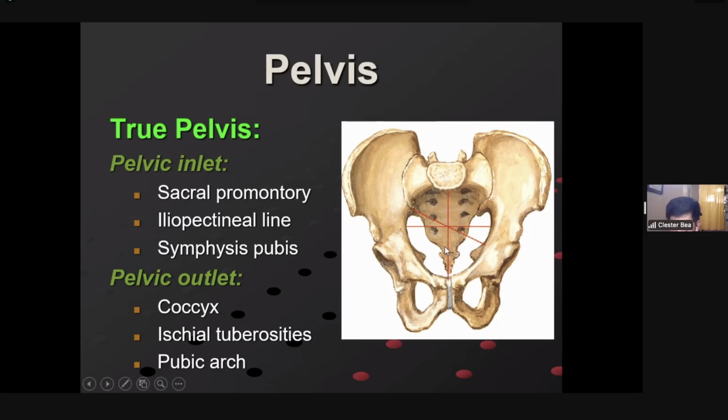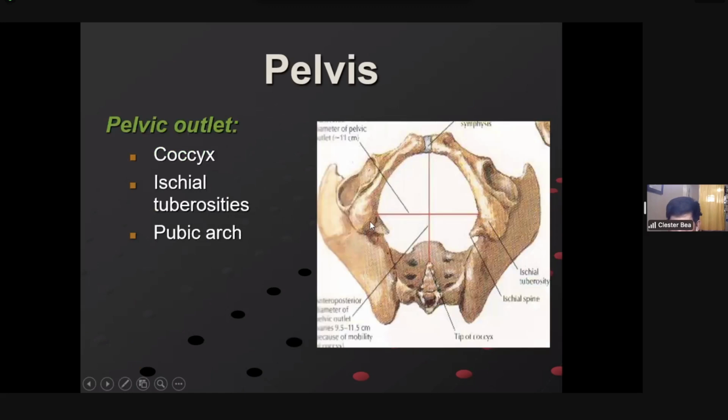Now, on the other end of your pelvic cavity, you have the pelvic outlet. In the pelvic outlet, you have a different set of bones that form it. You have the ischial tuberosity on each side, the tip of the coccyx posteriorly, and anteriorly you have the inferior rami of the pubic bone, or what is known as the pubic arch.